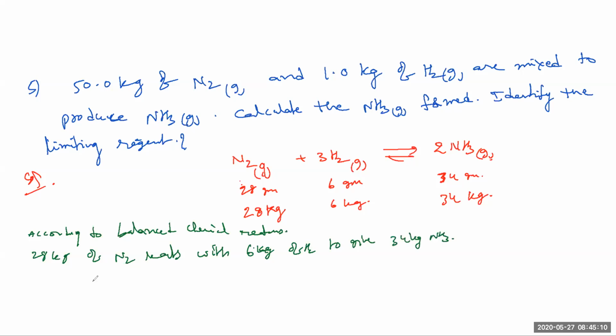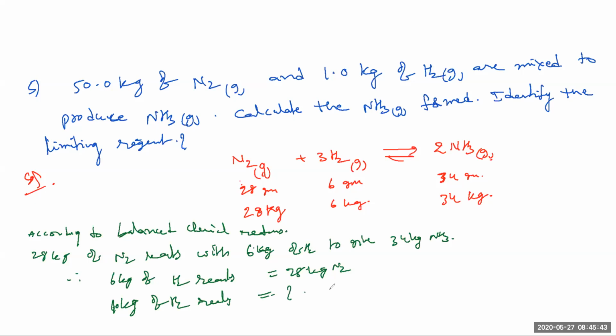So that means 6 kg of H2 requires 28 kg of nitrogen, right? That's correct. Now, what is the 1 kg given in the question? Therefore 1.0 kg of hydrogen reacts with how much nitrogen?